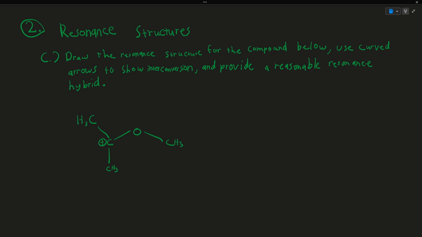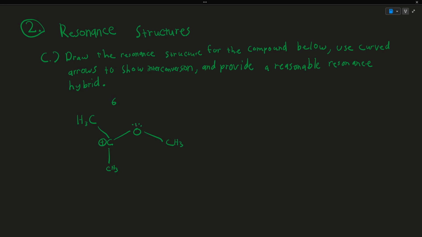The way to approach this, first I would draw the lone pairs on the oxygen atom. An easy way to know this: if it's neutral, oxygen is going to have two sets of lone pairs, so four lone pair electrons. You could just memorize this, but if you want to know how to do it, it's just the formal charge formula.